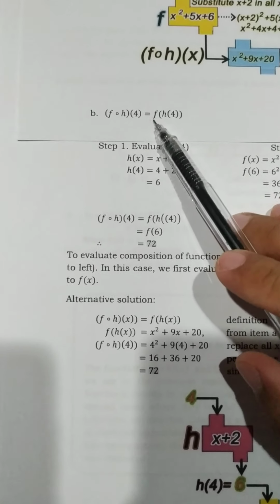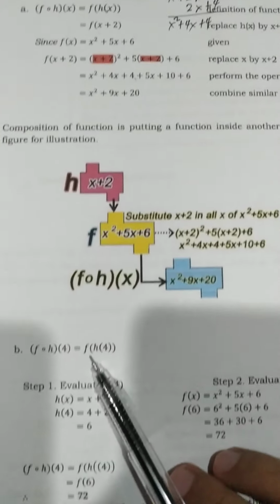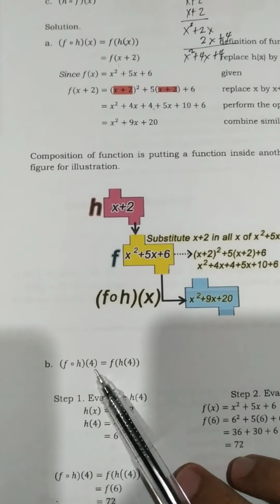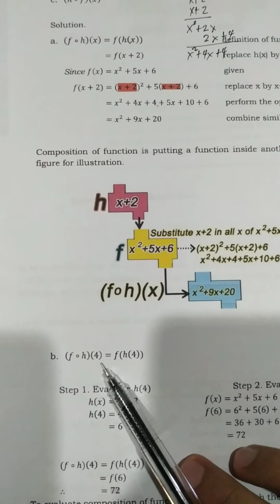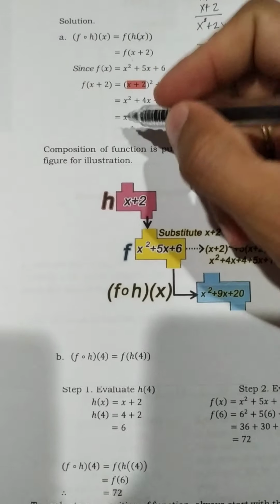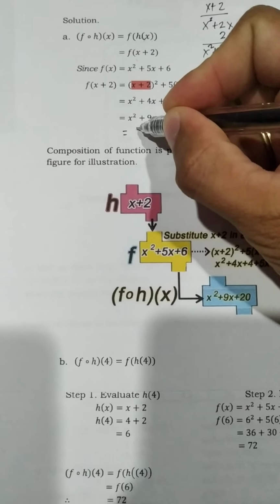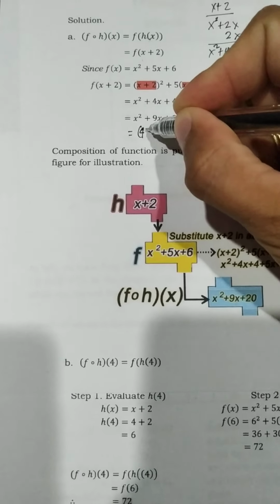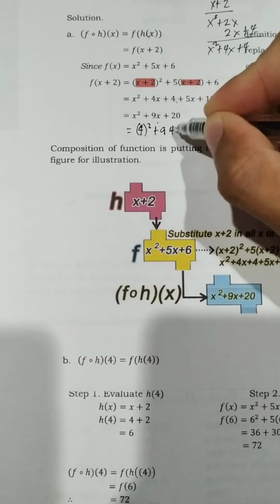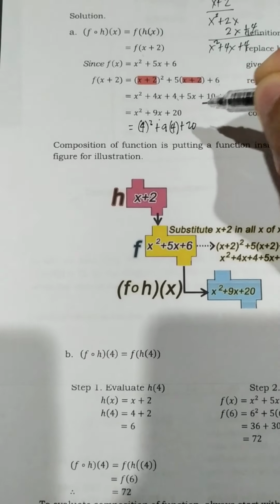So as we have observed, it is the same as our example number 1. The only difference is that x was replaced by 4. So therefore, since this is the answer to number 1, x is just replaced by 4. So this will be 4 squared plus 9 times 4 plus 20.